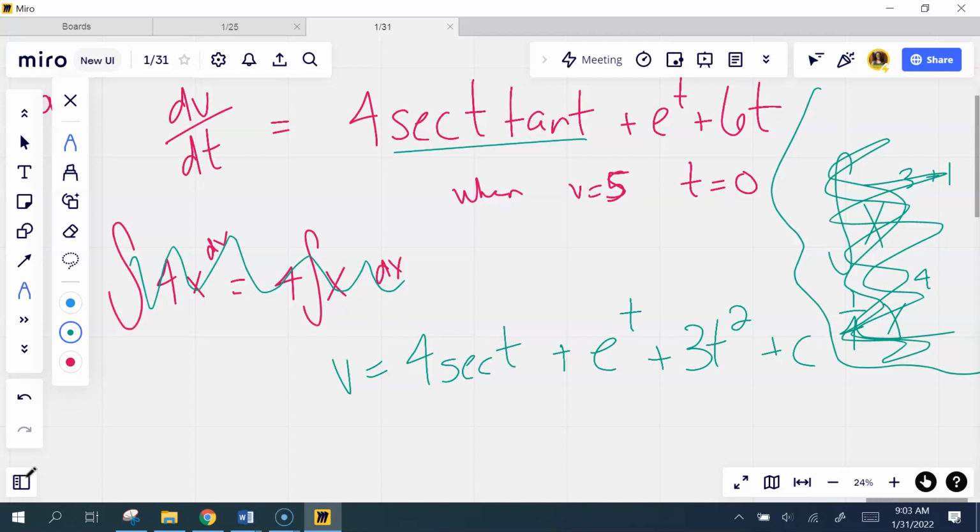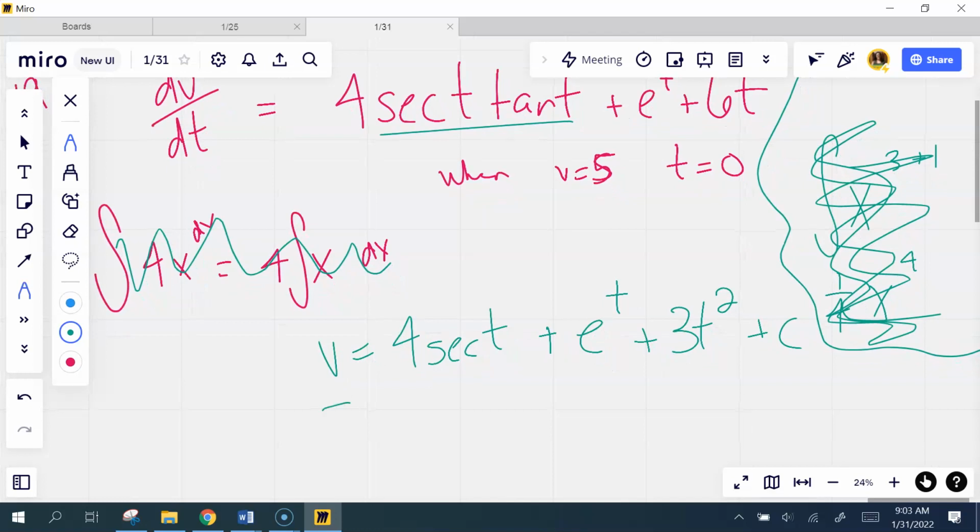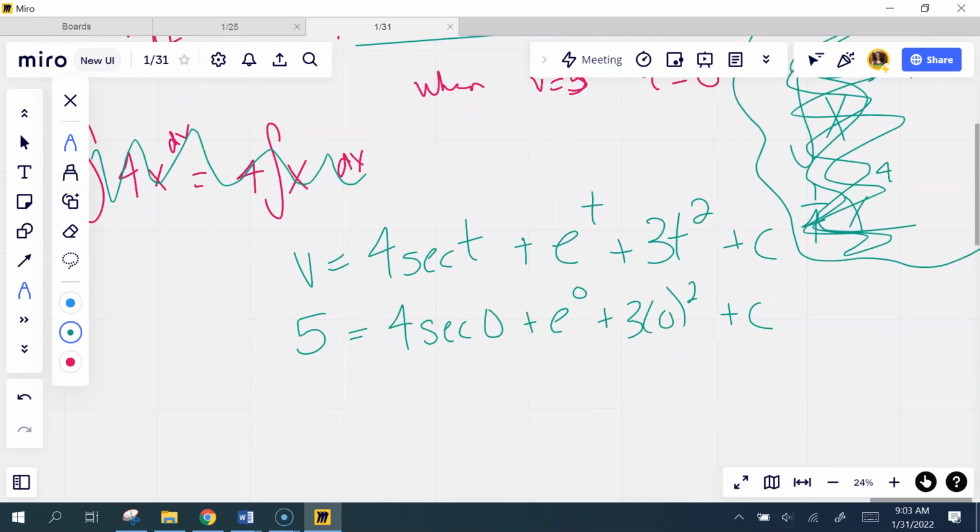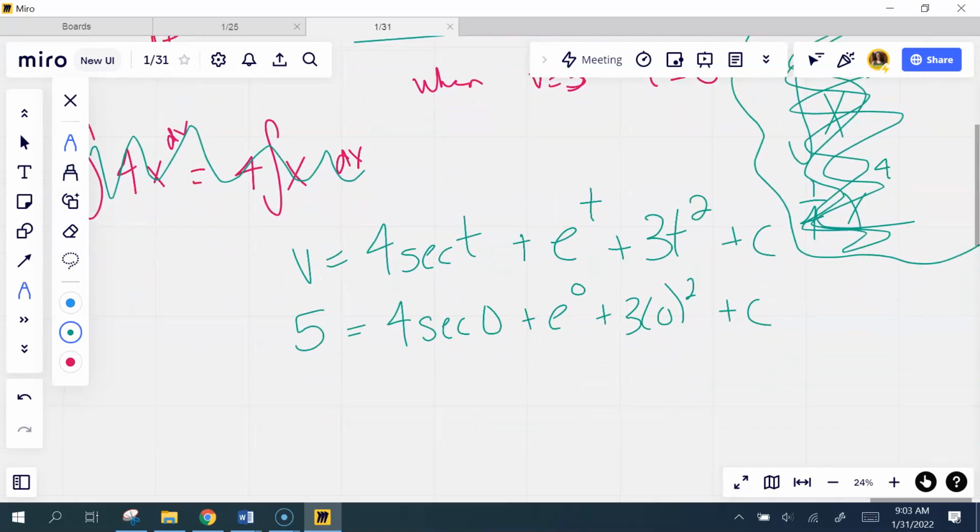All right, so let's plug in what we know. I know that 5 should equal 4 times the secant of 0 plus e to the 0 plus 3 times 0 squared. See why it's called initial condition? It's where we start, times 0. Secant of 0 is 1, so I have 4 times 1, plus 1, plus 0, plus c.